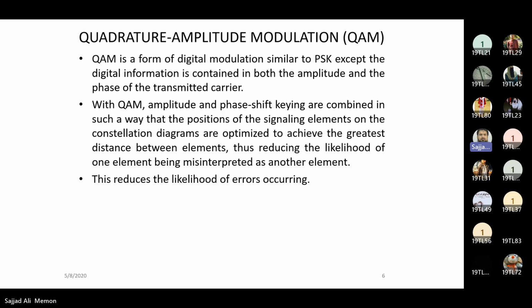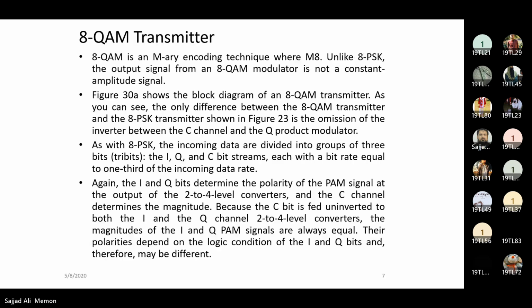We want to optimize the distance between the neighboring symbols, so that will reduce the likelihood of error, that one element may be misinterpreted as another element, or the shift is not so much that it goes into the area of another element. So this reduces the likelihood of errors occurring.